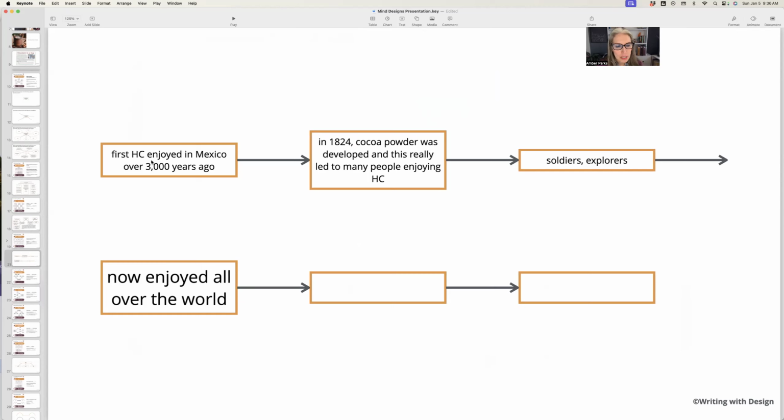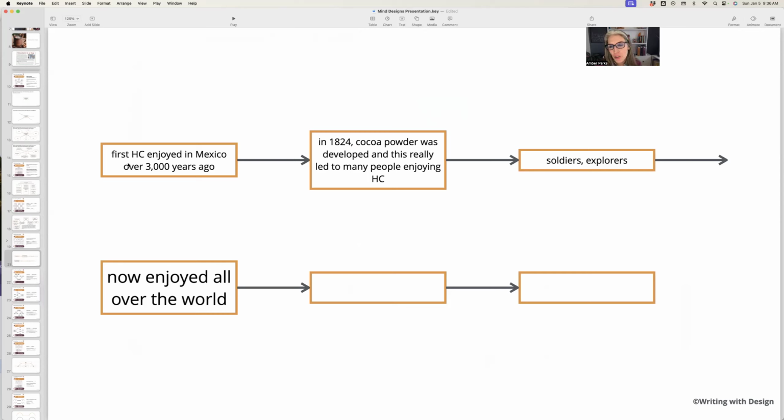So we pretty much could turn each of these into a sentence and have a 4-sentence sequence of how hot chocolate was enjoyed. That first, this drink was enjoyed in Mexico over 3,000 years ago. Fast forwarding almost 3,000 years, in 1824, cocoa powder was developed, and this led to many more people being able to enjoy hot chocolate.